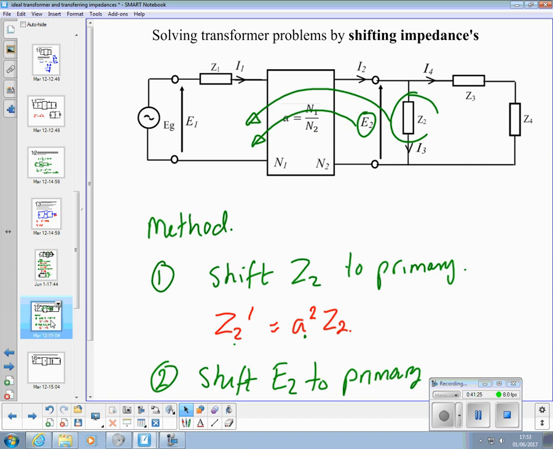Secondary voltage, 92.6 volts. Does that look right for a 5-times step-down transformer? Starting off with 500 volts, ending up with 92.6. Where's the other gone? In this model, where's it gone?